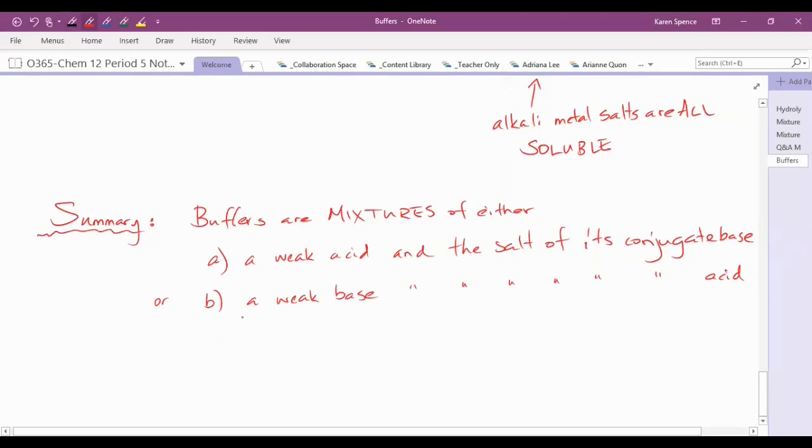For the purposes of chemistry 12, this is not exactly true, but it's close enough for chemistry 12.